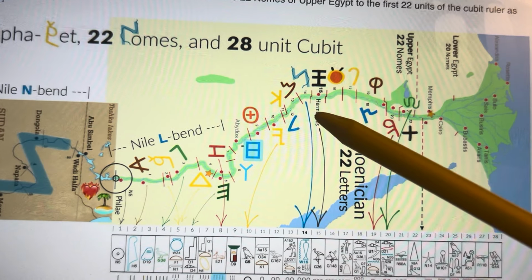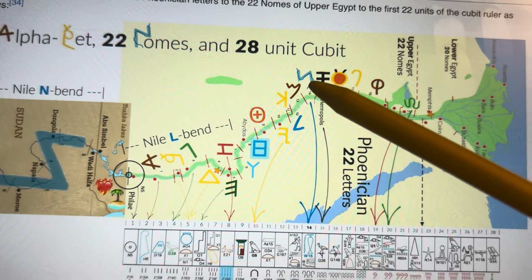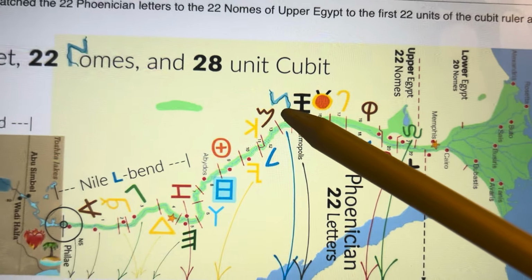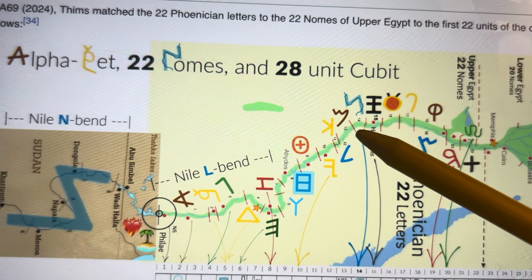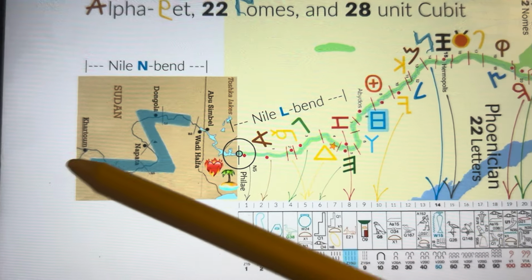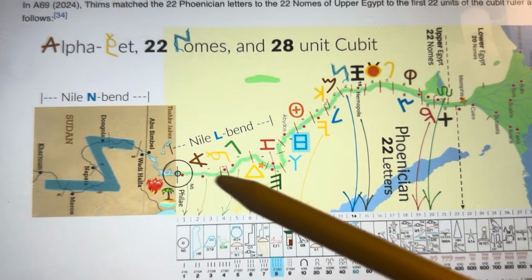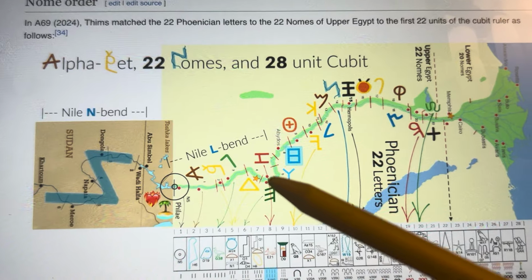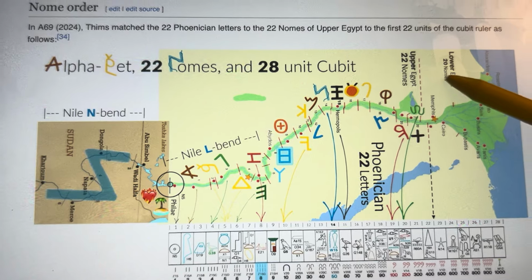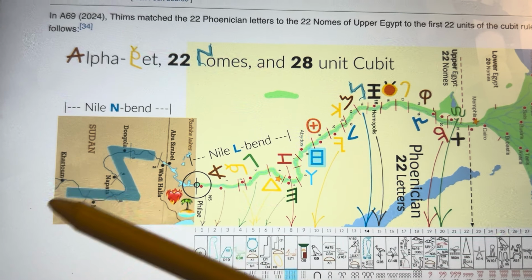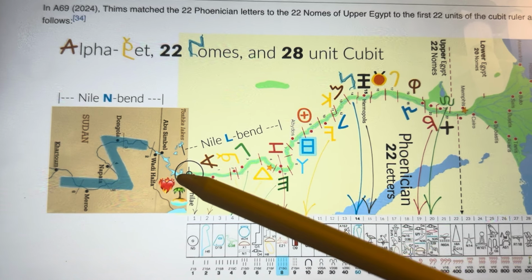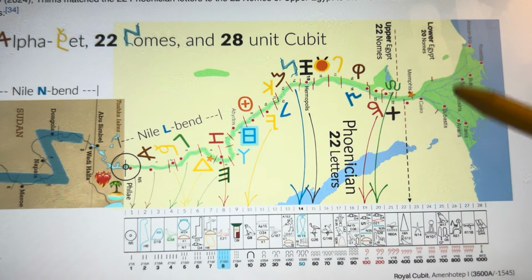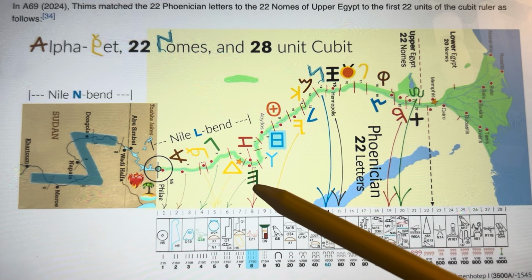Conversely, a letter N, which means into, is the 14th letter, and it's based on the N bend of the Nile. So when Thales came after he studied in Egypt, he said everything goes back to water, which means that at the end of the yearly cycle, crops are grown.